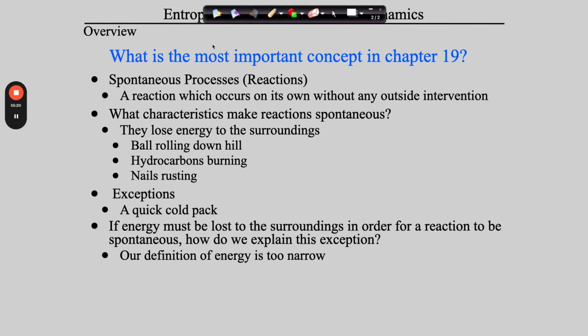In whatever that problem was in homework, we calculated the cold. It was like positive 24 kilojoules per mole or something like that. Guys, that's a lot of energy going in. But now we have a problem, because we established before that in order for a process to be spontaneous, energy has to go out. But energy is going in. So how can this be spontaneous?